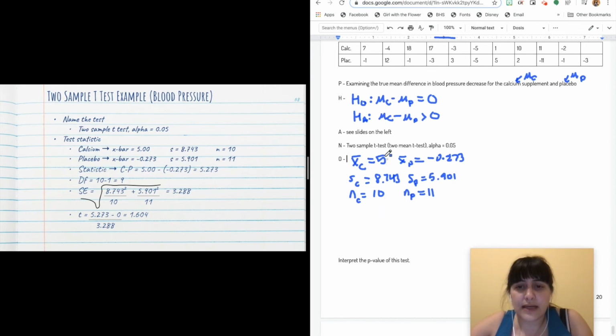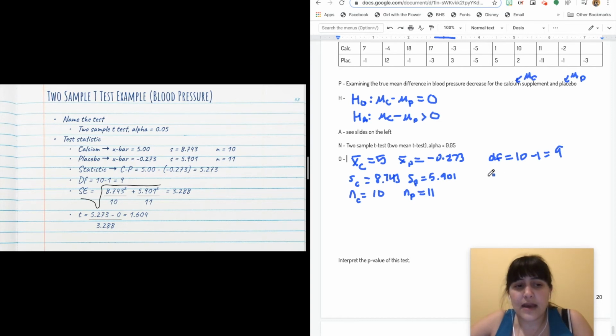Because the calcium group is the one we know the least about, it's the smallest group, that's the one I'm going to use for my degrees of freedom. So my degrees of freedom is 10 minus 1, which is 9. I'm going to write that out over here on the side.